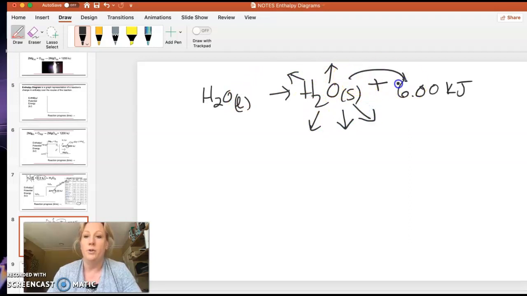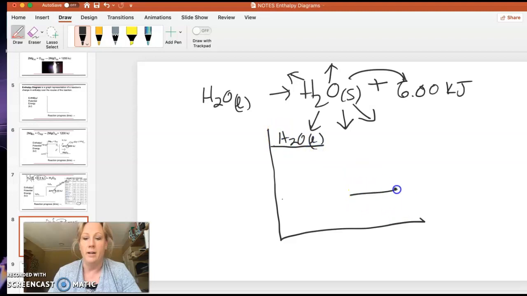So we show it on the right side of the equation. And if we were to draw this, it's an exothermic process. So our liquid water is going to be higher in enthalpy than our solid water, and our delta H would be -6 here.